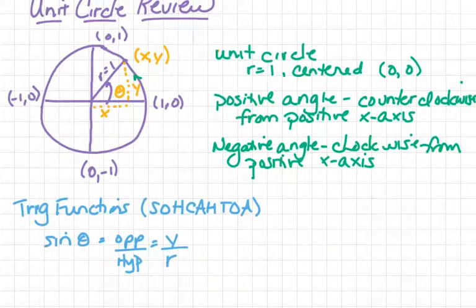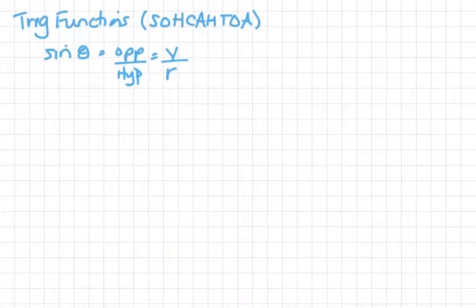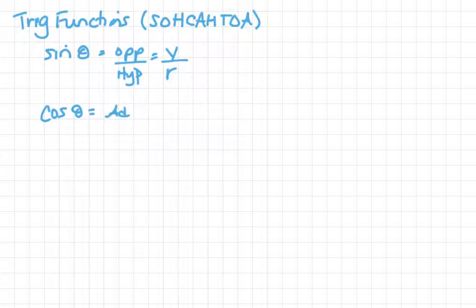The opposite side is that y and the hypotenuse is the r. And the cosine of theta is equal to the adjacent side over the hypotenuse, or in terms of what I've drawn, that's just x over r.